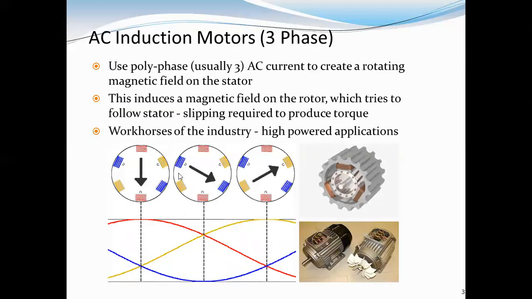If you come here, the AC induction motors take a three-phase supply, and three-phase motors are also called polyphase supply. The AC current creates a rotating magnetic field on the stator.